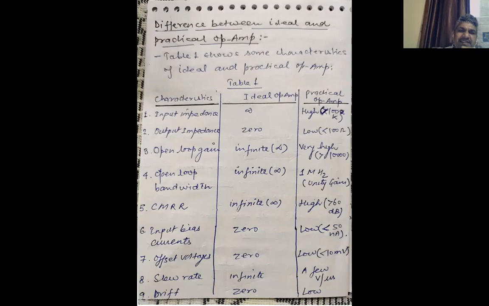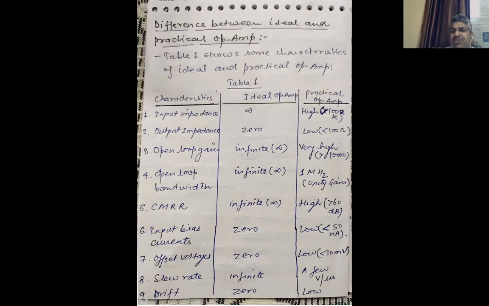The next characteristic is the common mode rejection ratio. It should be infinity, but for a practical op-amp it is very high, greater than 60 dB. Input bias current should be zero, but it is not zero for a practical op-amp; it is always less than 50 nanoamperes. Next is offset voltage.